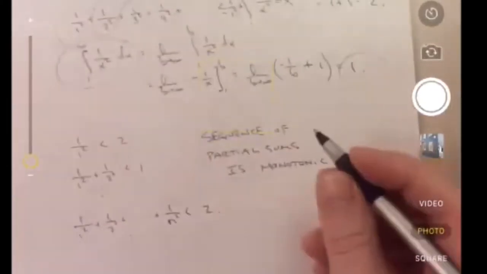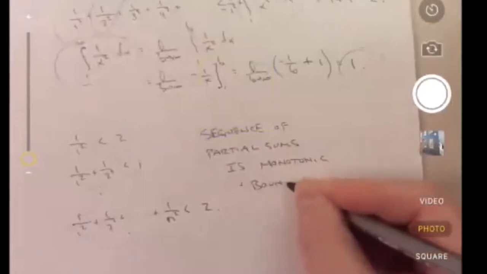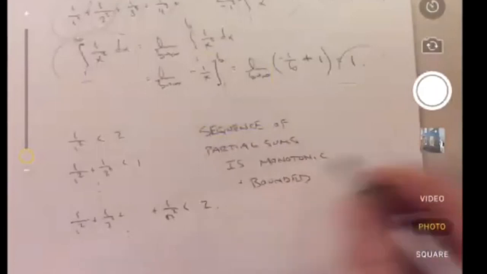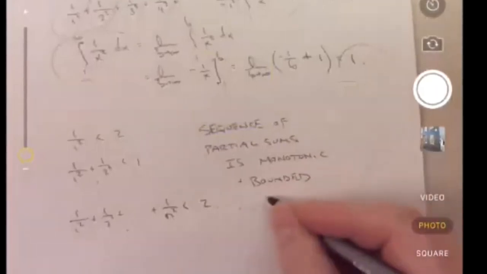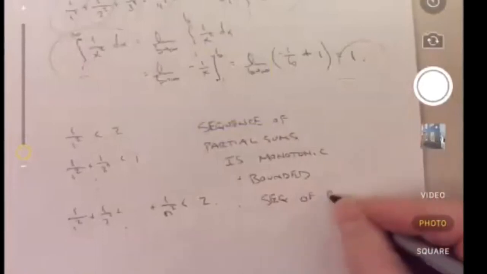And bounded, right? They're all less than 2, so they're bounded above by 2. And therefore, the sequence of partial sums converges.